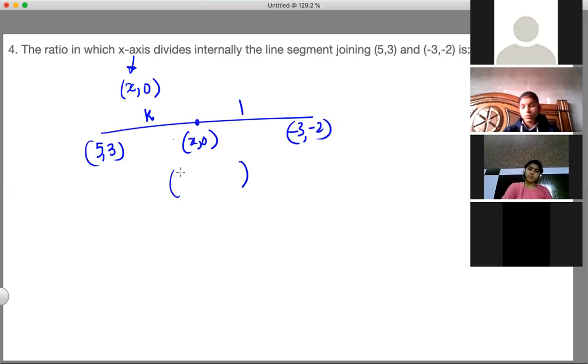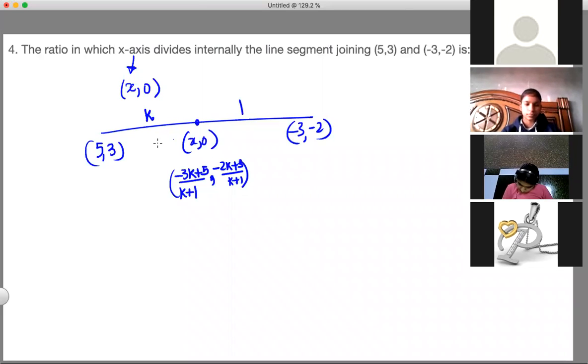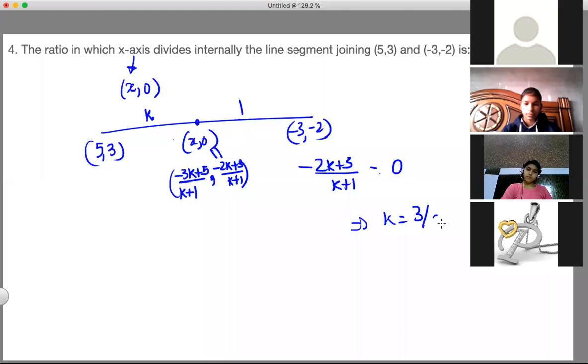सो इट विल बी -3, रेशियो है 3:2. ओके, बाय k+1, और ये हो जाएगा -2k + 3 बाय k+1. ठीक है, तो अब हमें रेशो निकालनी है केवल. ओके, x तो निकालना ही नहीं है, तो केवल ऑर्डिनेट्स को इक्वेट करेंगे. ओके, -2k + 3 by k+1 is equal to 0, which means k is equal to 3/2.